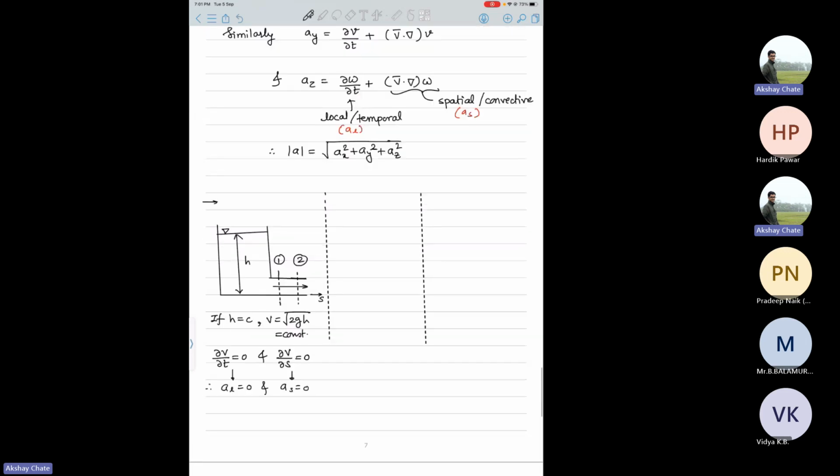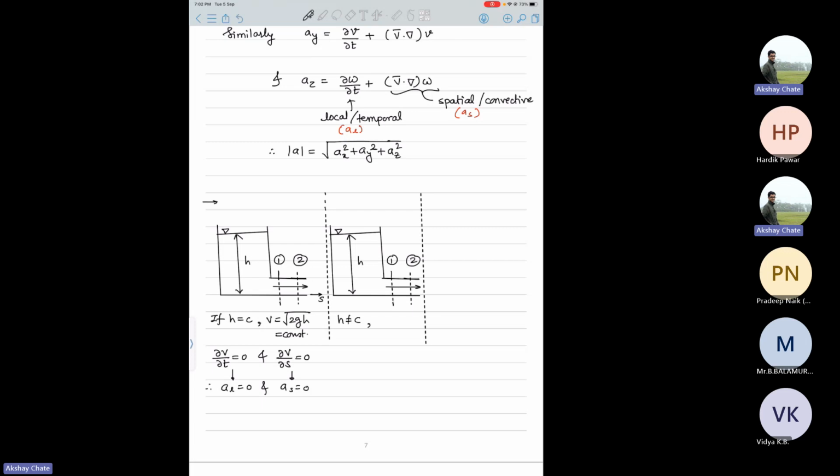But if you consider the next case, I'll just copy this. Consider the case here. H is not constant. So your velocity head is continuously coming down as a function of time.